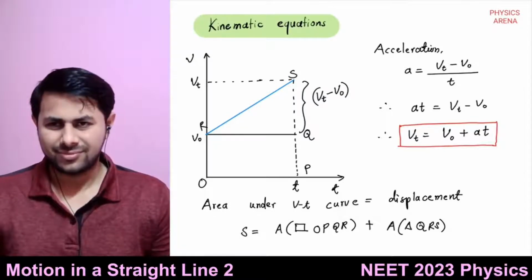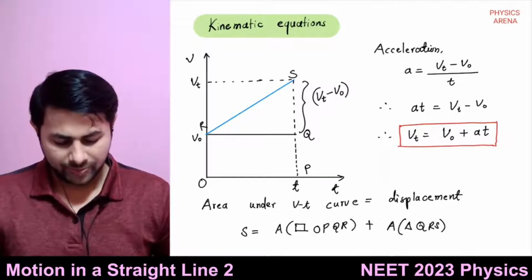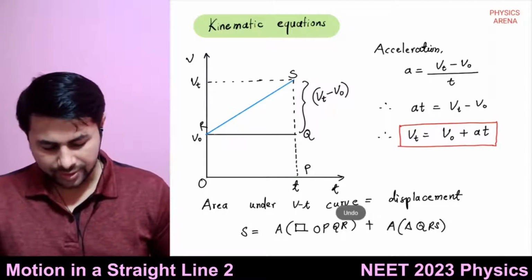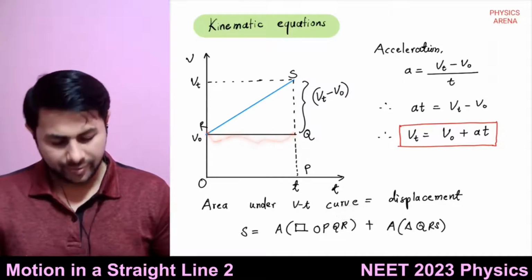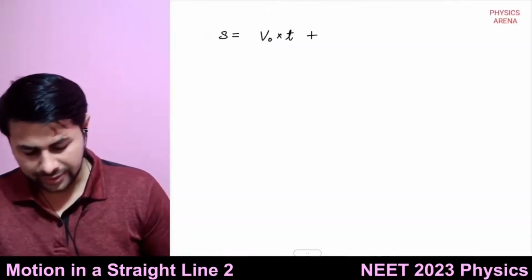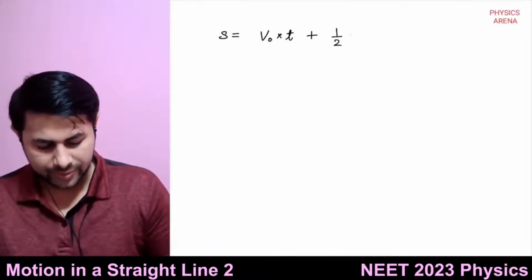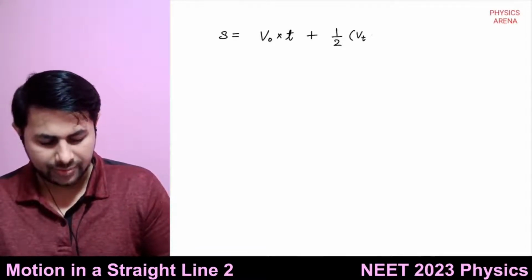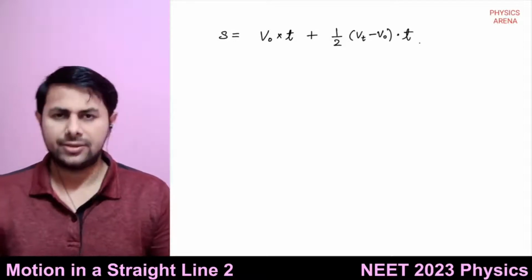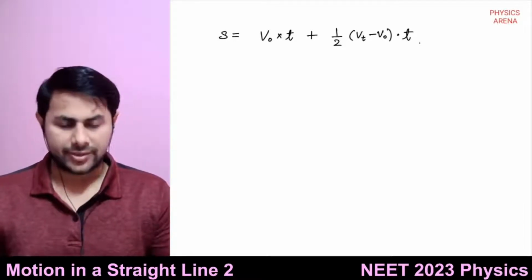Half of base multiplied by height. The base is equal to time and the height is Vt minus V naught. So we can write it as half of the height, which is V at time t minus V naught, multiplied by t, which is the base.